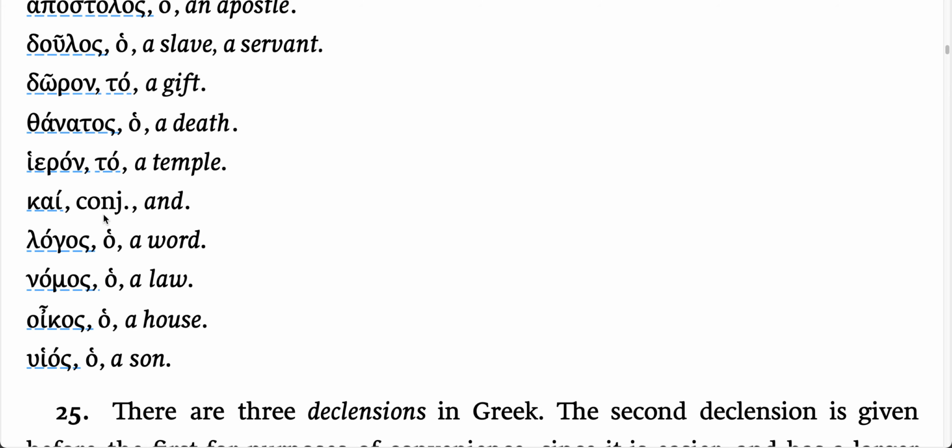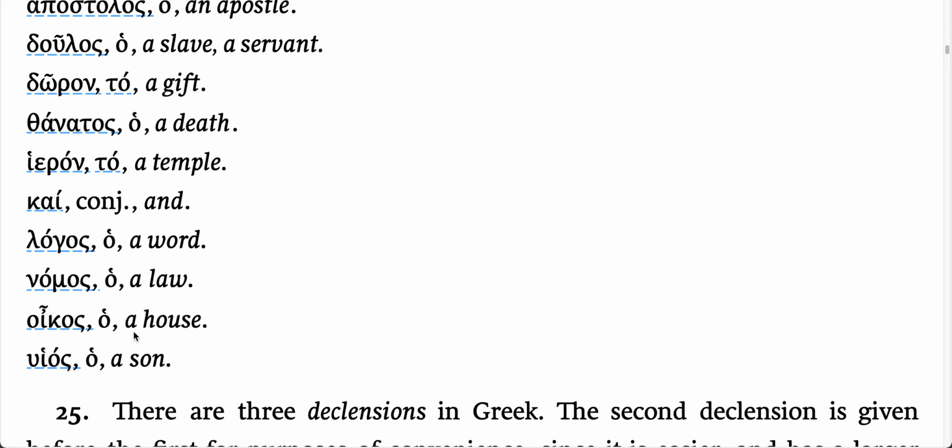Now, there's a conjunction. I'll talk about that one later, but it's kai. We translate that by the word and. Logos, ho, a word. Nomos, a law, like the law of God. Ho logos, the word of God.